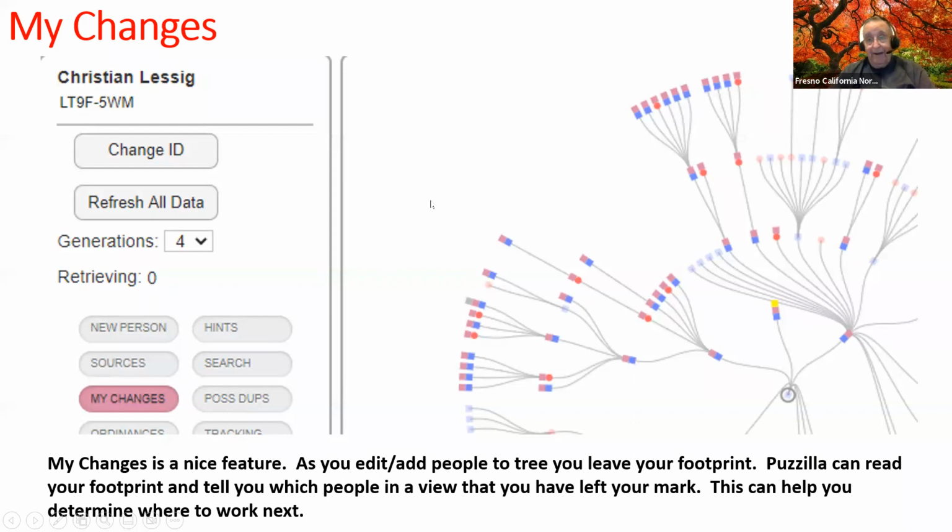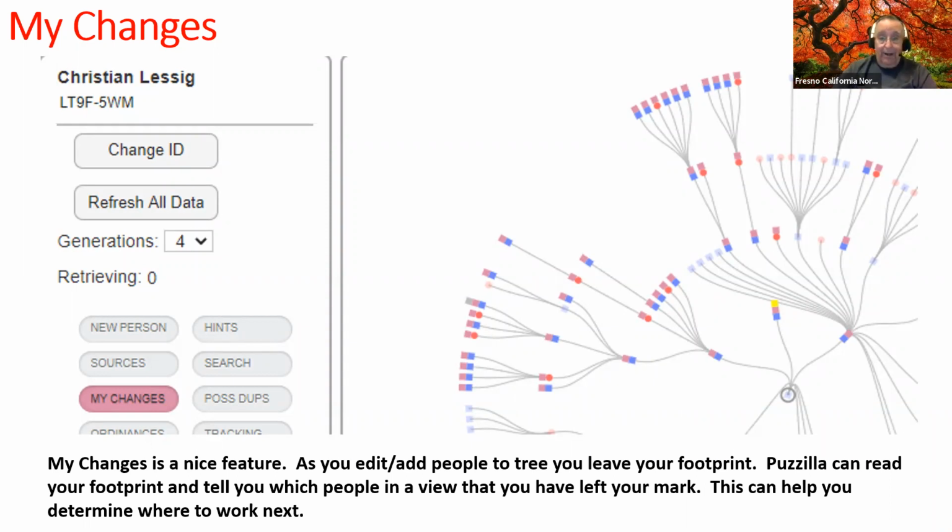And when you click on that, it highlights for the people that are on the screen, every one of them that you have left your footprint on. And by that, I mean every person on this part of the tree where you have edited something, added something, made changes to in any way, and left your name as a person that made an alteration to that record, it's going to show that.